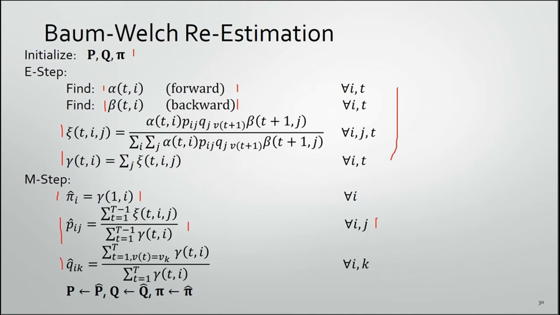Qik is then again re-estimated using this expression for all states i and output symbols k. And so these are the new estimates of P, Q, and Pi, and we let P be equal to the new estimate, Q be equal to the new estimate, and Pi be equal to the new estimate, and then we go back to the E step, and rerun our forward and backward algorithm using the new values of P, Q, and Pi, and we carry out this EM process several times until convergence.